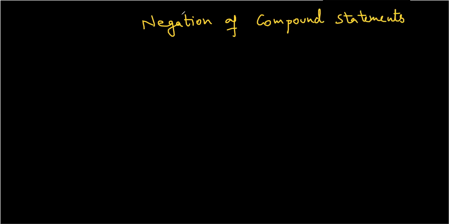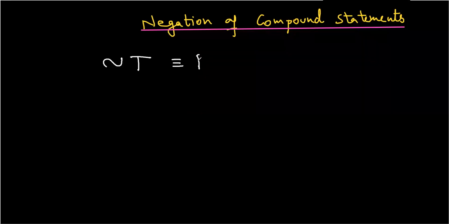So this is going to be very interesting, students. Negation of compound statements. Anyways, you all know whenever there is a negation connective, things become so very interesting. If you have true, the truth value is true, and you have negation of true, then it is false.